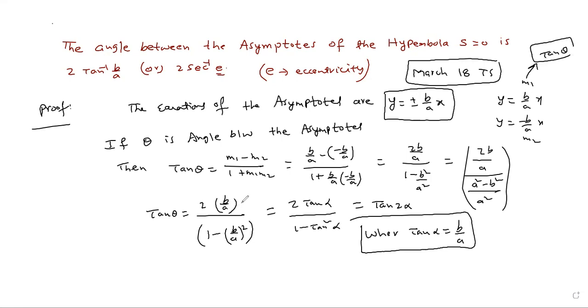Now this expression 2 tan alpha by 1 minus tan square alpha gives you tan 2 alpha. So tan theta is equal to tan 2 alpha. If tan theta equals tan 2 alpha, you can write theta as 2 alpha. Since tan alpha is b by a, 2 alpha can be written as 2 tan inverse b by a.